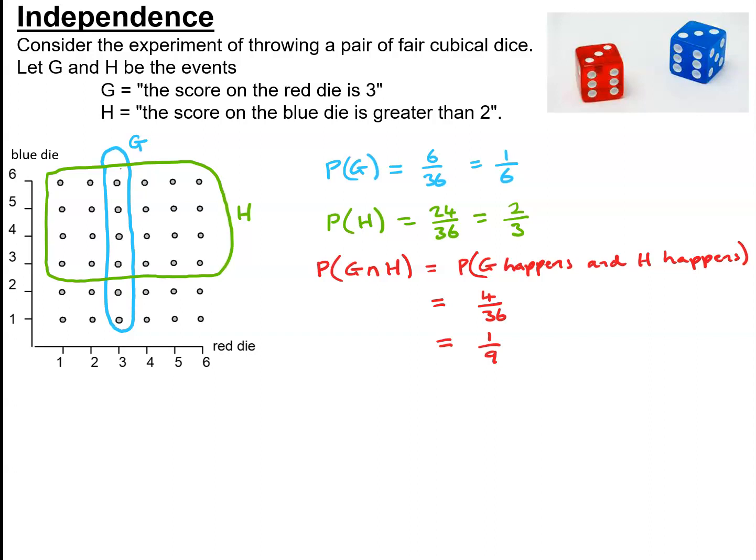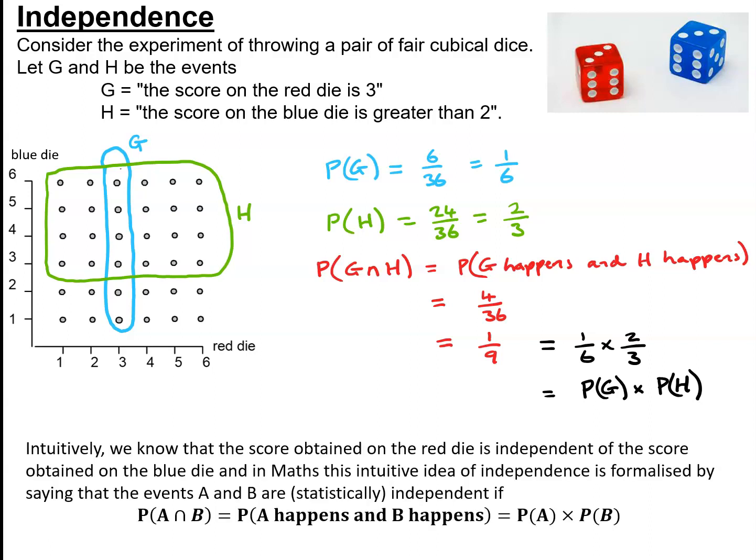And 4/36 is the same thing as 1/9. But 1/9 is exactly the same thing as 1/6 times 2/3. So we've got the probability of G intersect H, or the probability that we've got G happening and H happening, is the same thing as the probability of G happening times the probability of H happening.